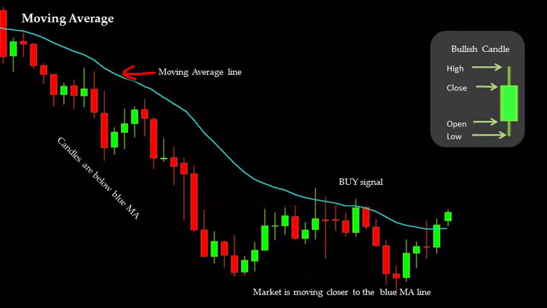It's only considered a crossover once a candle has closed above the moving average line. Remember, the green candles are the bullish candles, and bullish candles always close at the top. Candles that close above the moving average line provide good entry and exit signals.